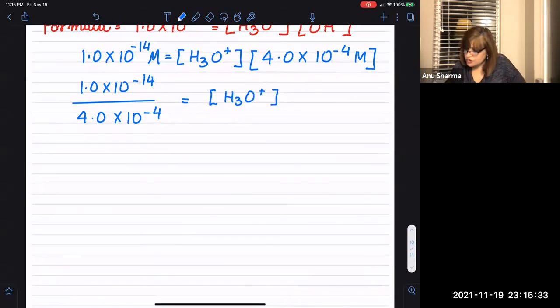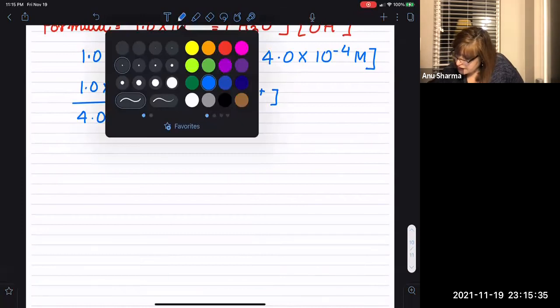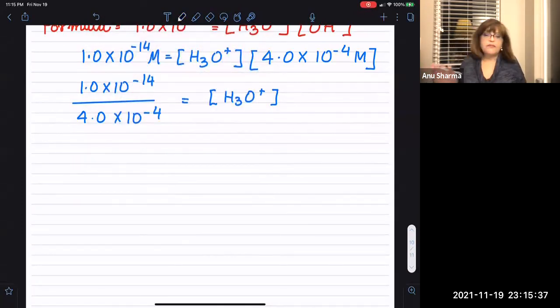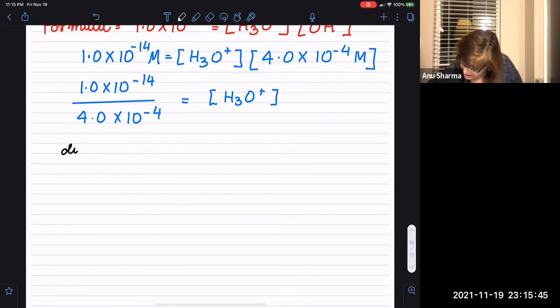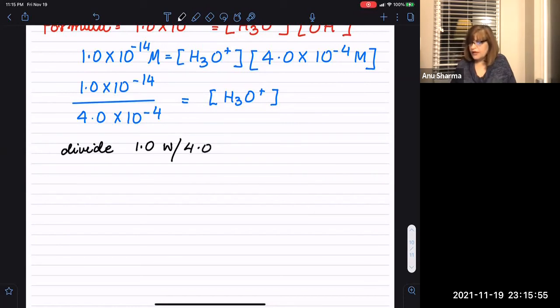How do you solve this? Mathematically, you can plug the numbers into a scientific calculator and get the result. But if you do it manually, first divide 1.0 by 4.0.